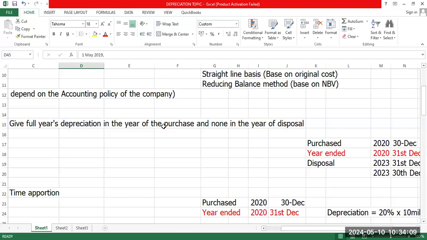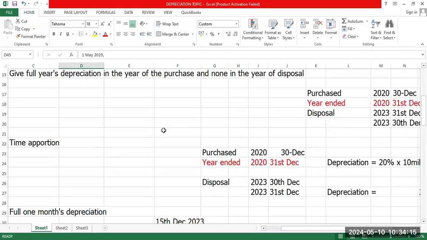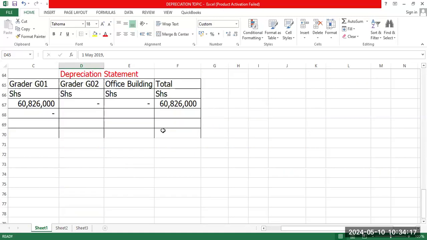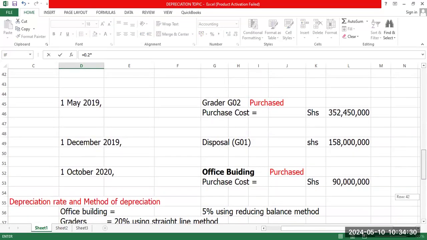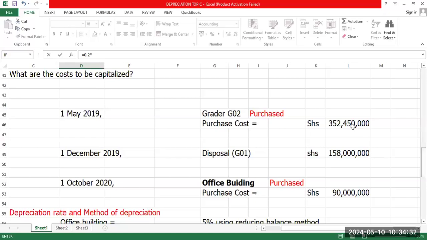We don't consider whether you purchased it on 1st May or 1st June or 1st October. Just give full year's depreciation. So here you're going to get 20%, then you multiply the capitalized cost of grader 2. And the cost of grader 2 is this one.